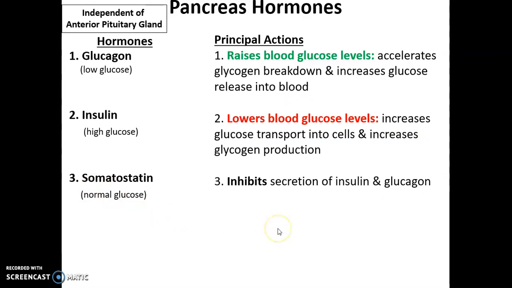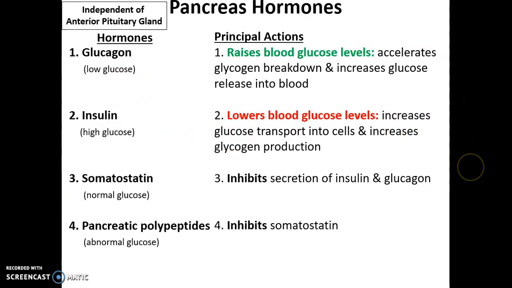Third hormone is somatostatin. This is released when glucose levels in the bloodstream are normal, and it inhibits the secretion of insulin and glucagon. So somatostatin is released when glucose levels are normal, and it inhibits the release of glucagon and insulin.